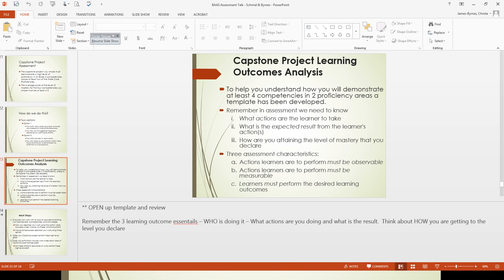Then make sure you tell them how it's a 3. Because that's where everybody got hung up last year. Half of our projects got sent back because people were just parroting, I'm going to analyze this, I'm going to evaluate that. No. How are you going to do it? What action are you going to do to evaluate it? Are you going to do a survey? Are you going to do a lit review with 10 sources? There you go. Not just, I'm going to analyze it. You can't say that. How are you going to analyze it?